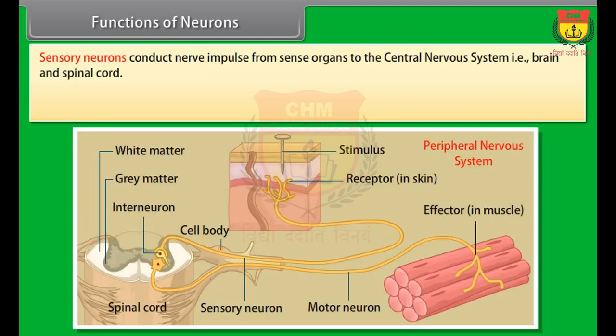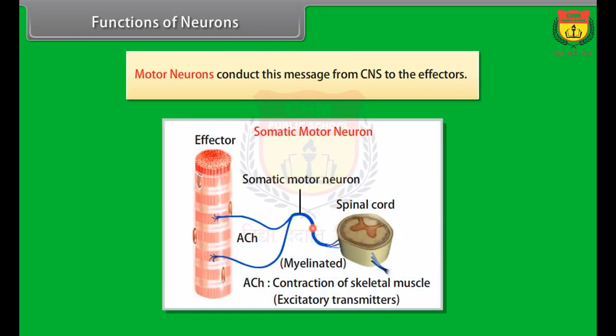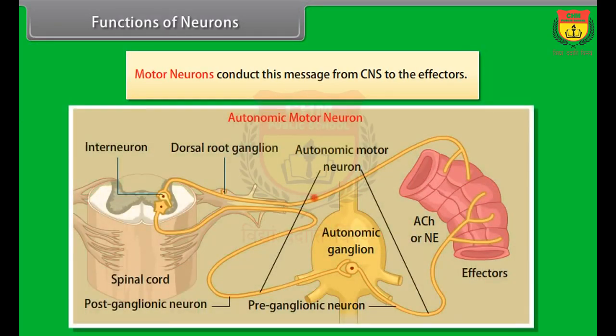Sensory neurons conduct nerve impulses from sense organs to the central nervous system, that is, brain and spinal cord. Relaying neurons present in the CNS receive these stimuli brought by sensory neurons, analyze and interpret them, and produce a message. Motor neurons conduct this message from the CNS to the effectors.